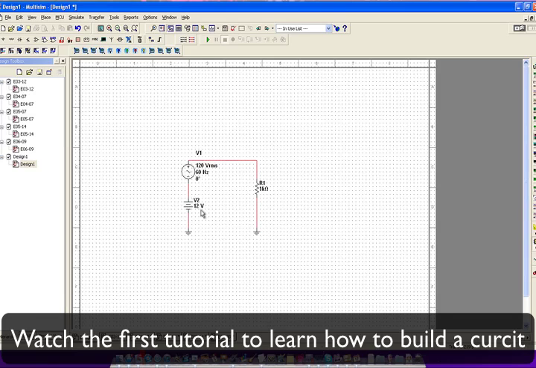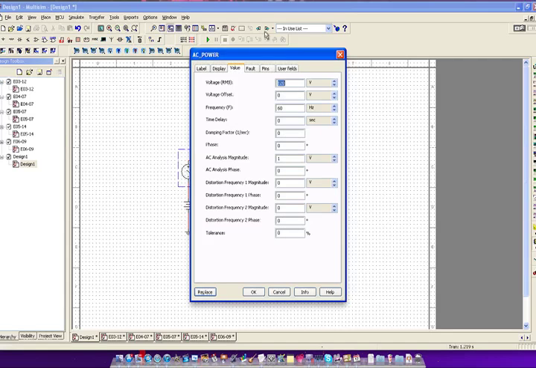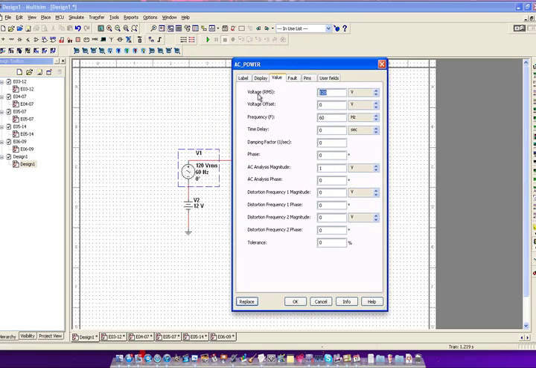From the book here we had the DC voltage was 12 volt. The AC voltage was given in RMS, VRMS, which was 20 volt. Sorry, it was 10 volt, and it was not given in VRMS. So if we double click on the AC power, we have to enter the voltage in VRMS, not the normal voltage.